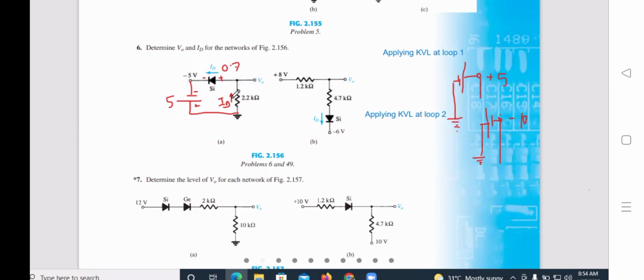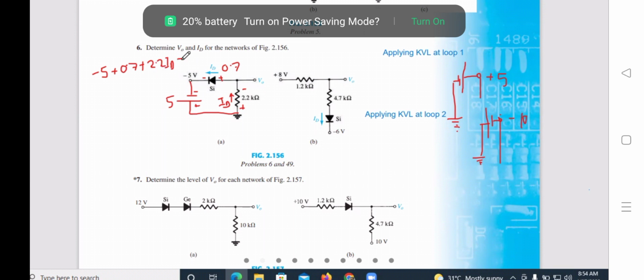So if we apply KVL in this loop, plus to minus minus 5, minus to plus plus 0.7. Current is going from bottom to top, so this side plus, this side minus. So minus to plus, plus resistance is 2.2 and current is ID. So I into R, that is the voltage, equals to 0.